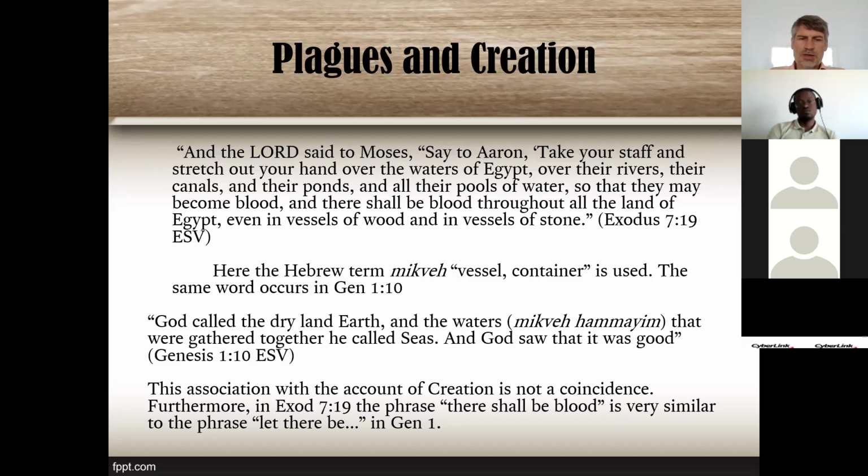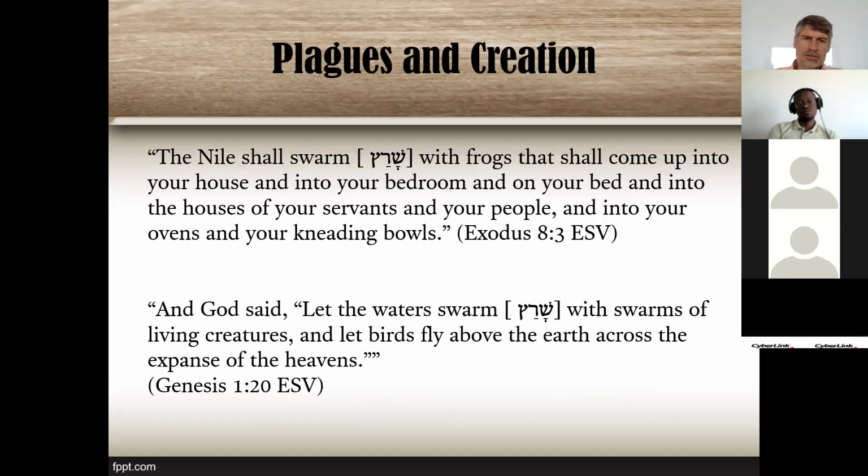This association with the accounts of creation is not a coincidence. In Exodus 7:18, the phrase "there shall be blood" is very similar to the phrase "let there be" in Genesis 1. Also, "the Nile shall swarm," and the root is sharatz, "with frogs that shall come up into your house and into your bedroom and on your bed and into the house of your servants and your people and into your ovens and your kneading bowls."